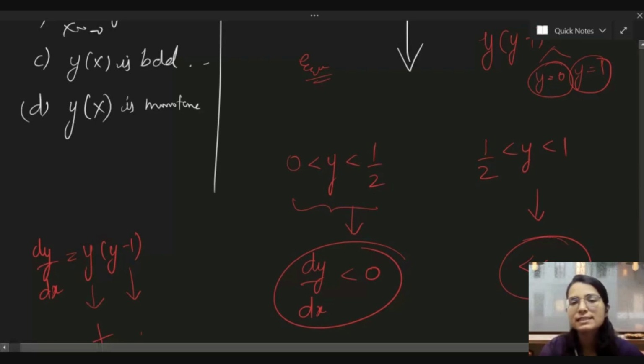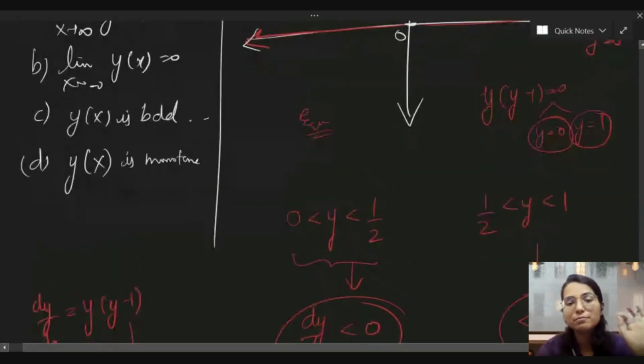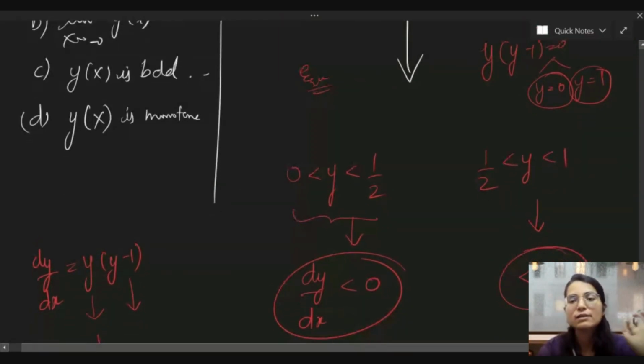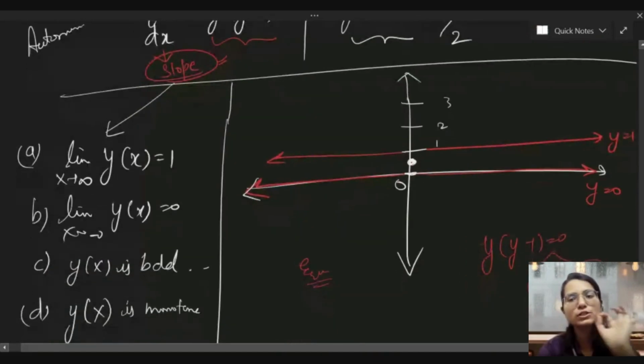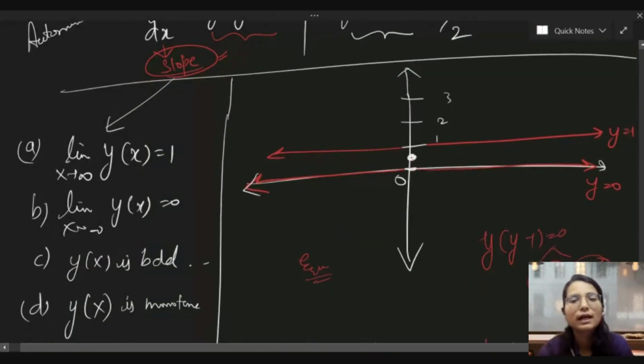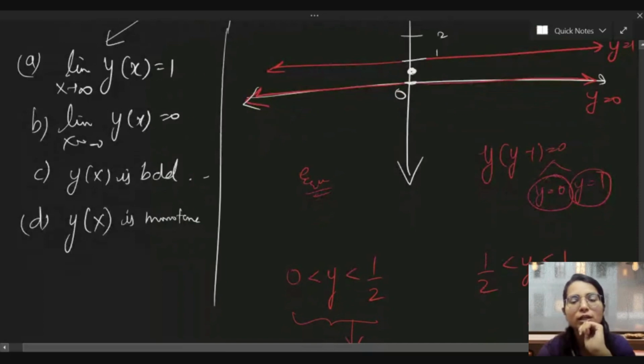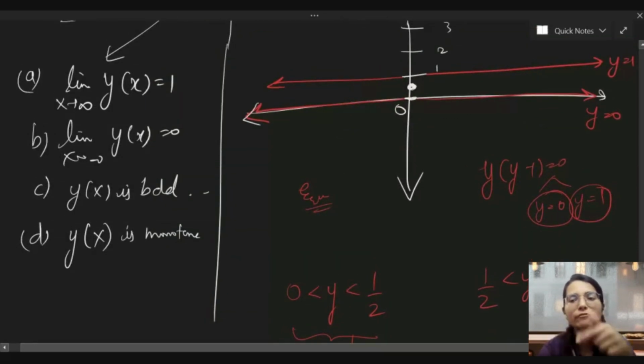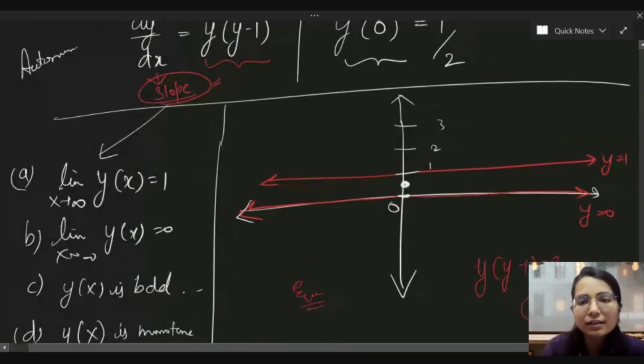So dy by dx is negative, which means y is a monotonically decreasing function from 0 to 1. And what about y is equal to 0 and y is equal to 1? How does the solution behave there? Let me tell you one thing.